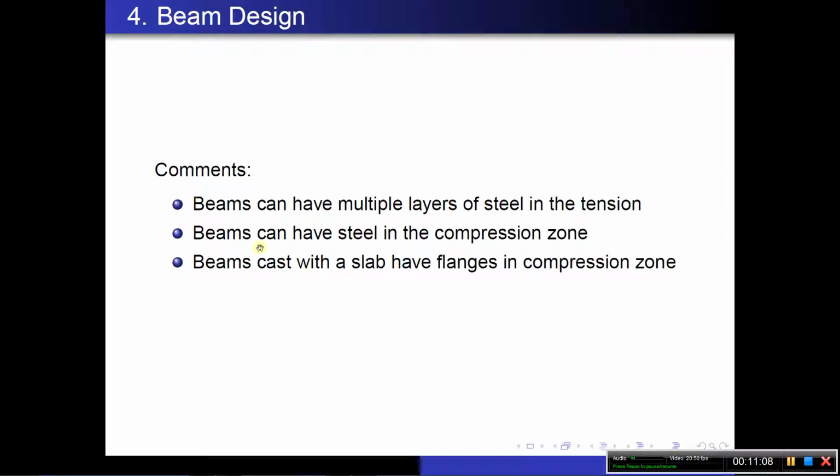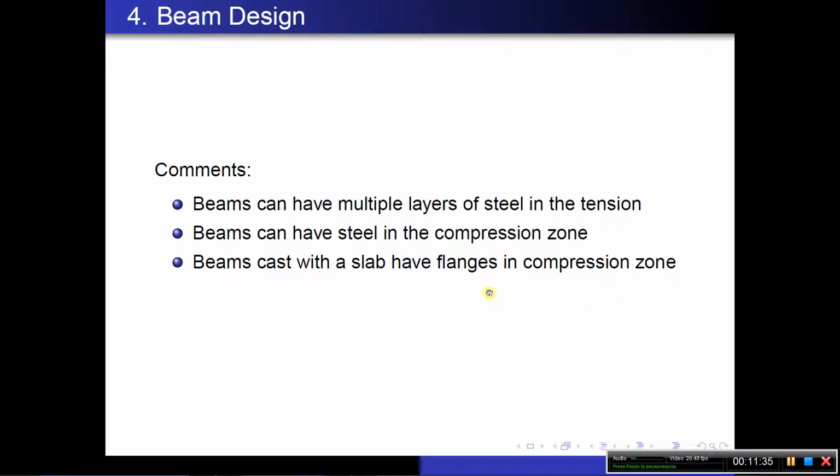Here are a few final comments on beam design. I mentioned some of these previously. Beams can have multiple layers of steel in the tension zone. Beams can have steel in the compression zone also. And lastly, beams cast monolithically with slabs have flanges in the compression zone.